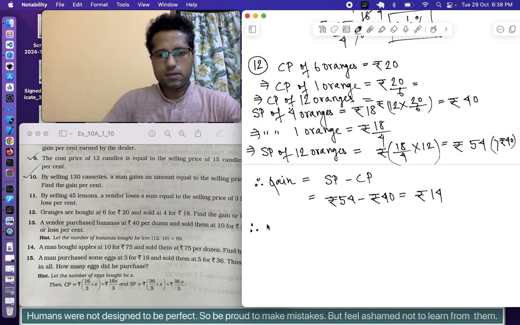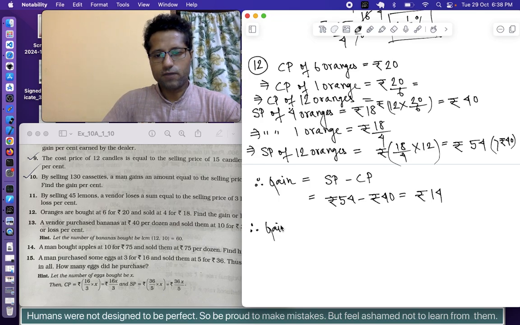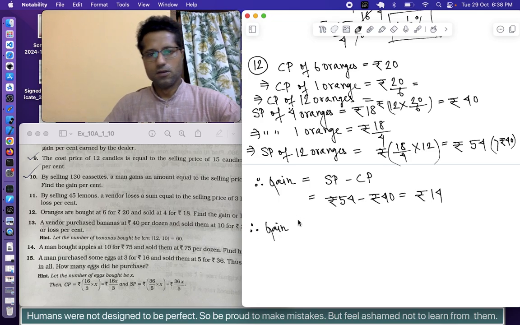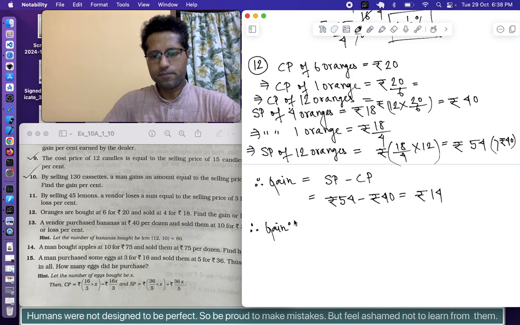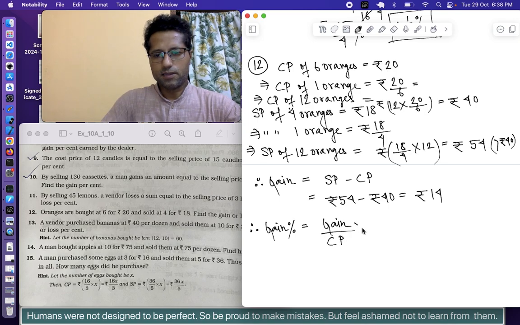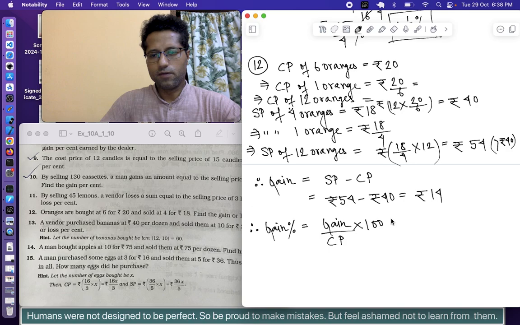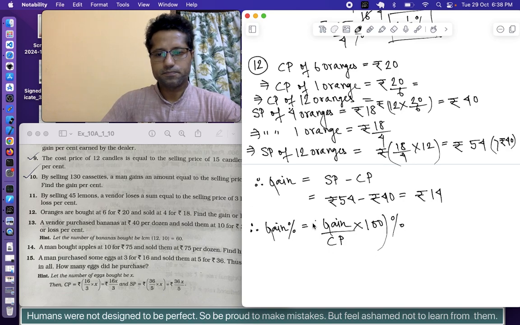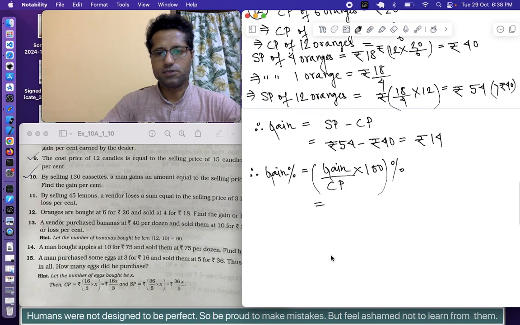Therefore, gain percent, it has asked to find the gain or loss percent. We can obviously see there is a gain. So gain percent is equal to gain divided by CP, and this CP will be the CP of 12 oranges, into 100 percent.